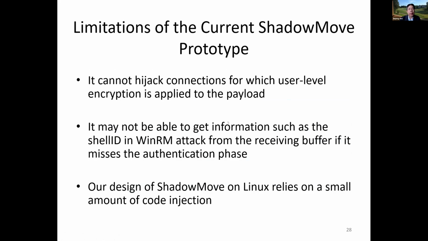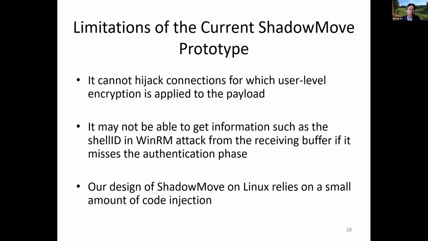Okay, so our current prototype does have some limitations, which I'll cover very briefly. First, it cannot hijack connections that use user-level encryption. Basically, if these protocols apply encryption, then the ShadowMove cannot hijack and abuse those connections because it doesn't know the keys to create the malicious packets.